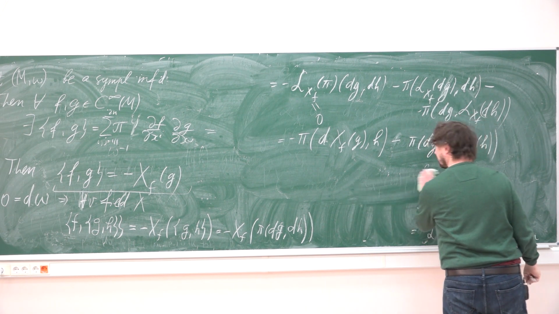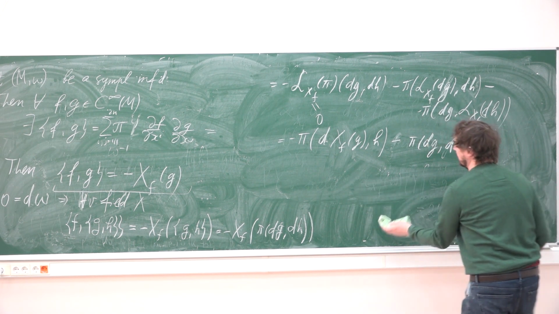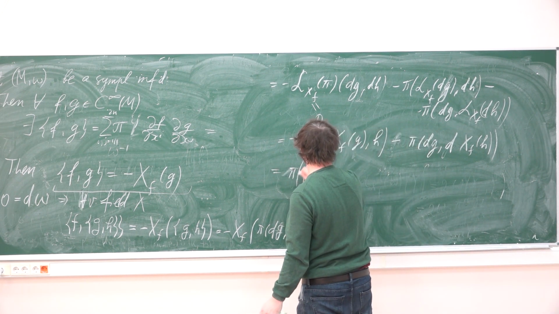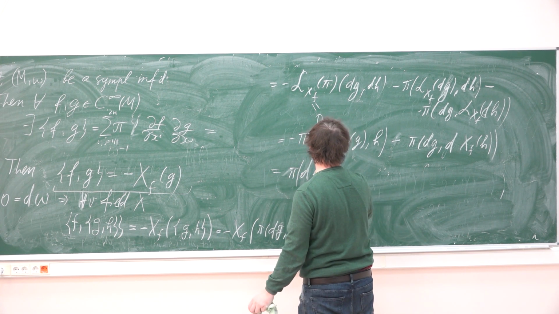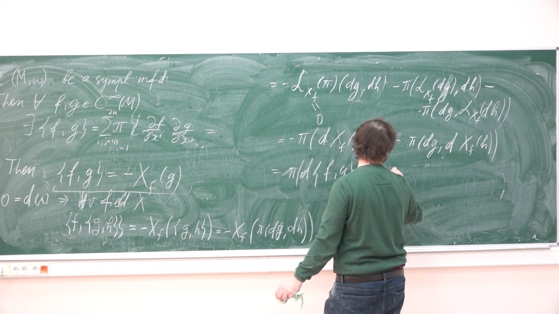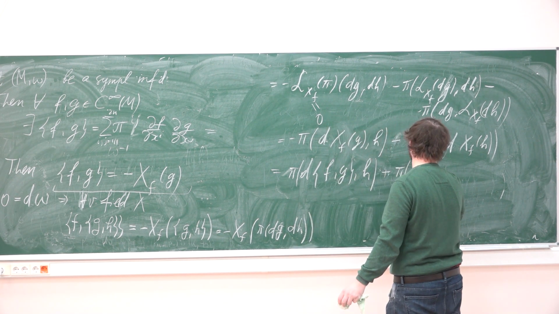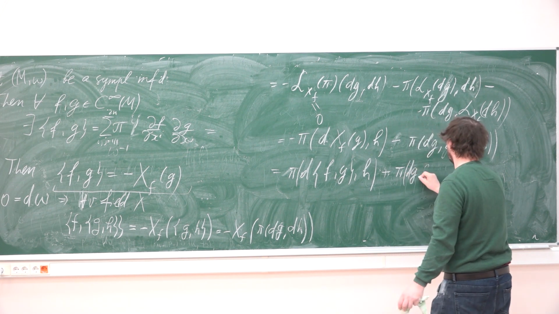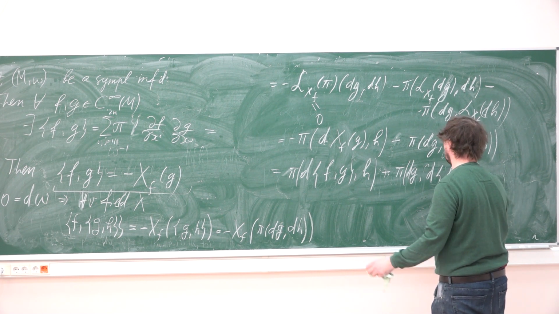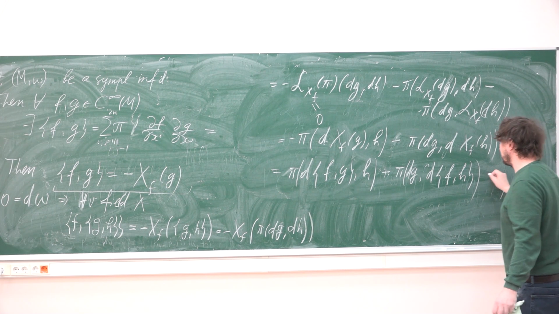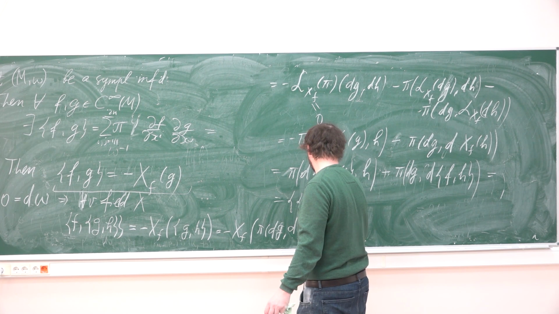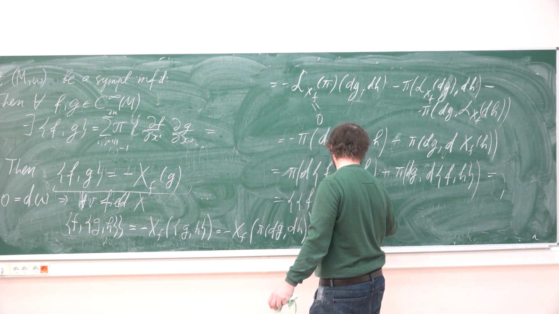Again, by definition, by that property on the left, what I have is pi d of f g, comma h, plus pi g, dg, d f h. And by definition, that's precisely this expression. And that's the Jacobi identity.